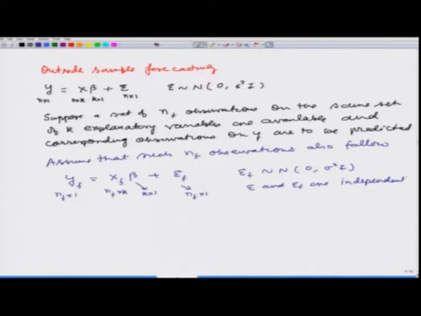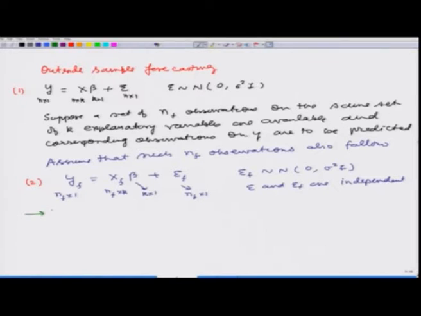One thing we have to keep in mind is that the variables in the matrices X and XF are the same, X1, X2, ..., Xk. Let us call the first model model number 1 and this model number 2. Now, we have to do the forecasting. Forecasting in the outside sample case is done in two steps.